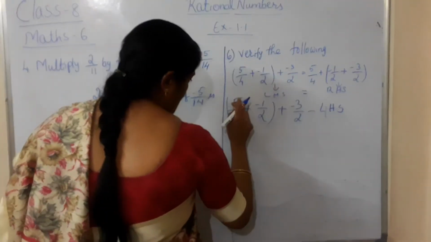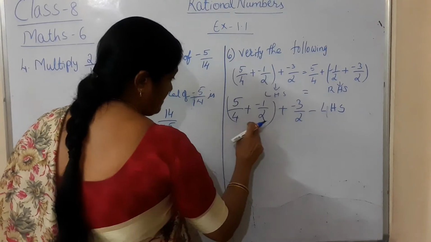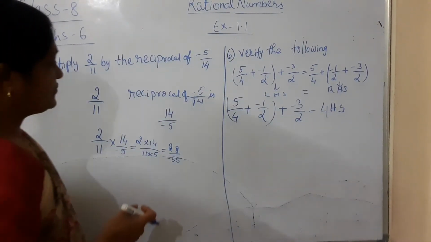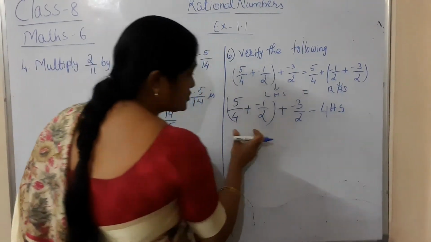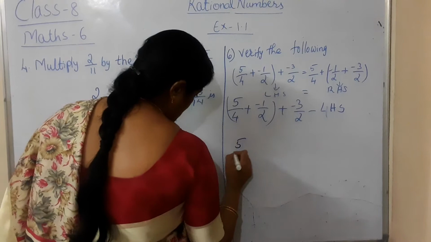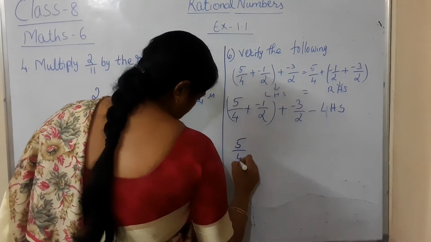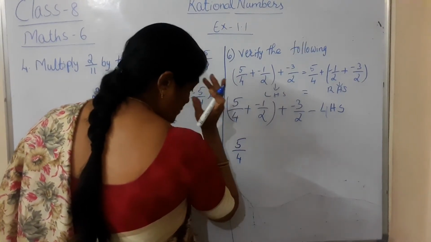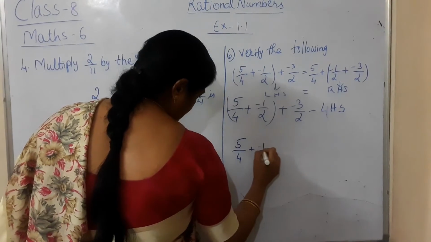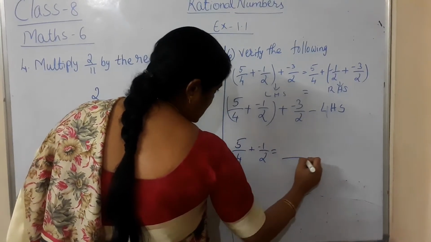Now if you have fractions, fractions obviously have denominators, right? So if rational numbers have a denominator, what you have to do, you have to take an LCM to solve them. So 5 by 4 plus of minus 1 by 2. If you take an LCM, what will you get?